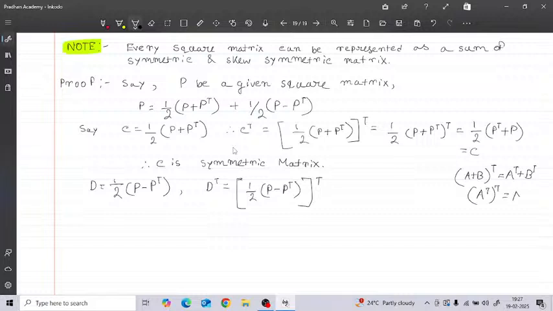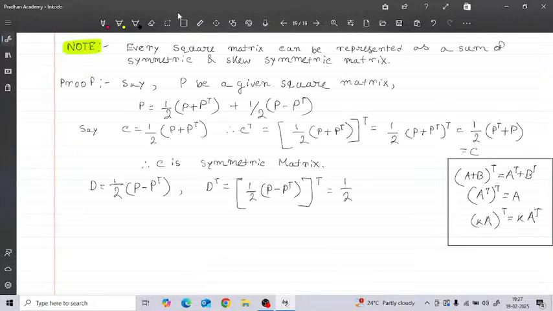That is again A. Also kA transpose equals k A transpose. We are using these three formulas here. So D transpose equals half of P transpose minus P, that equals minus of D. It's clearly minus of D. Hence D is skew symmetric.